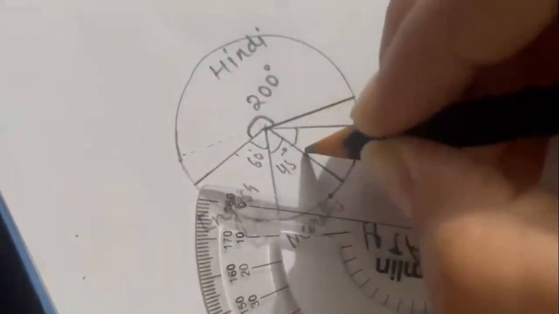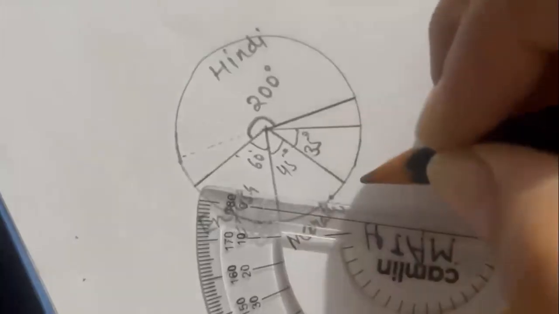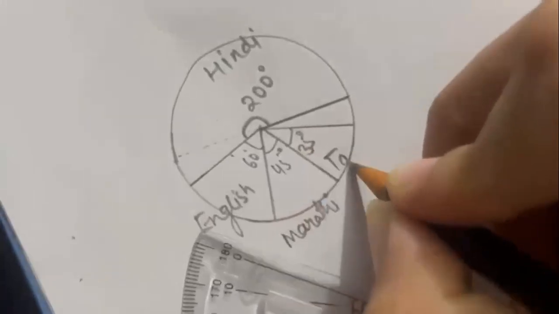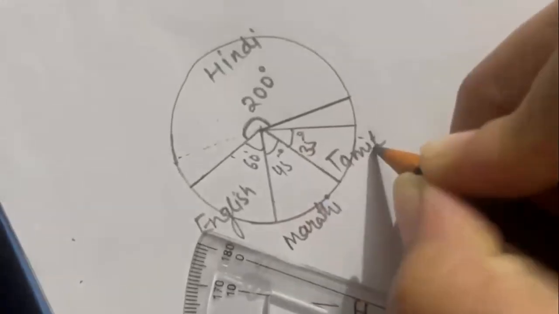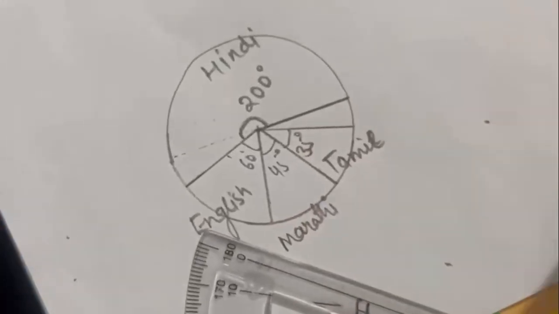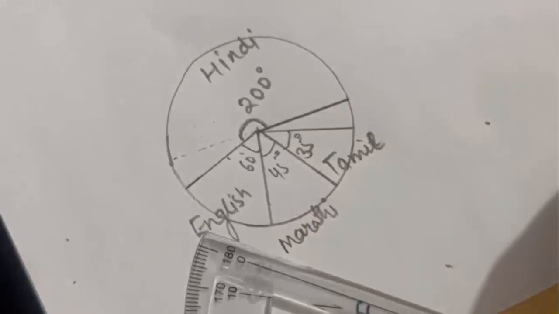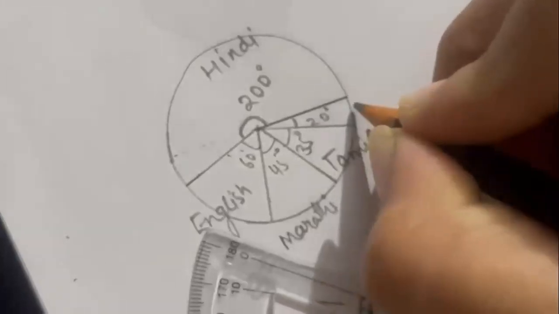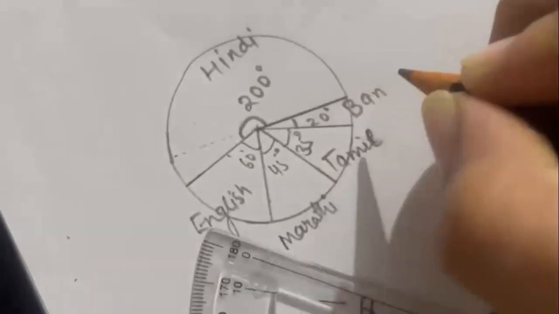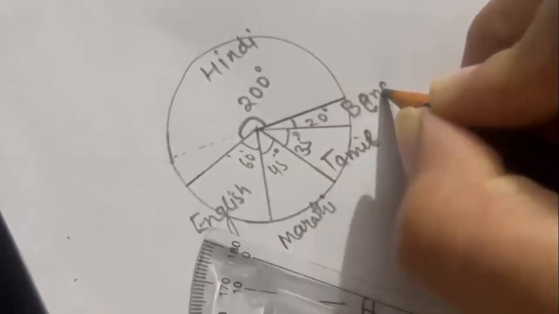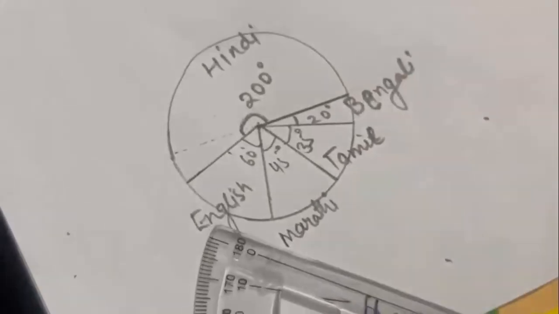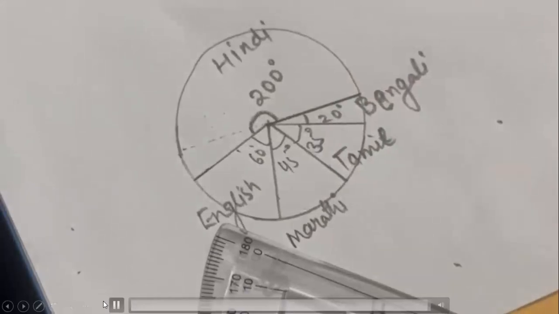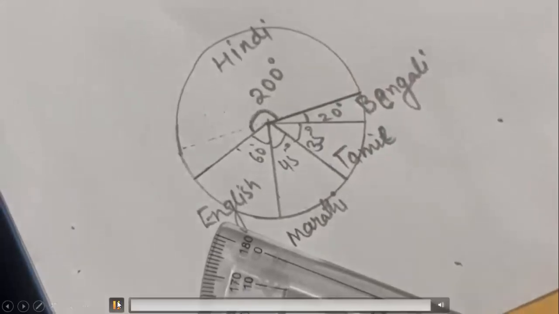So this is 35 and which language is it? Tamil. Okay, now Bengali, it is 20 degree. So rest is 20 degree only. So it is Bengali. Okay, so I hope it's clear to you how to draw the pie chart.